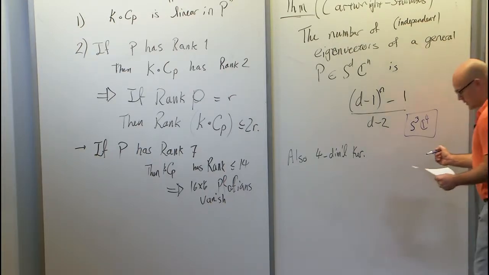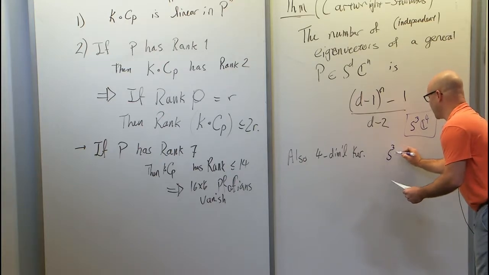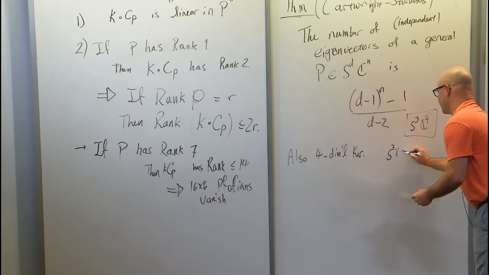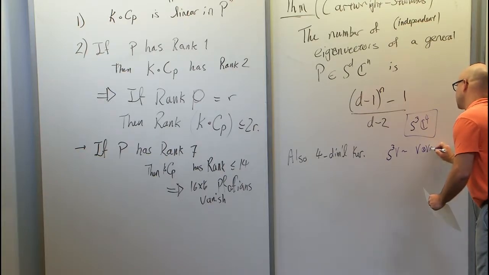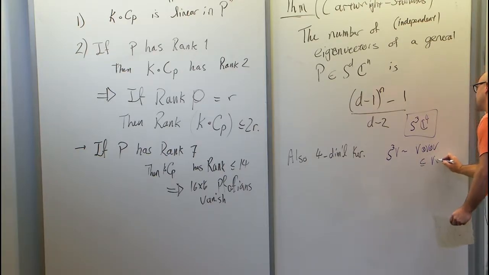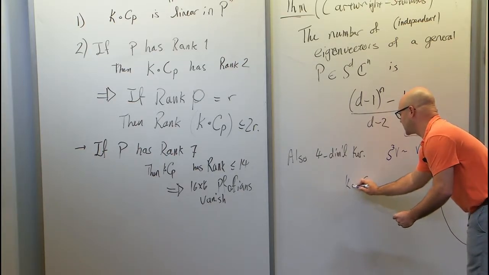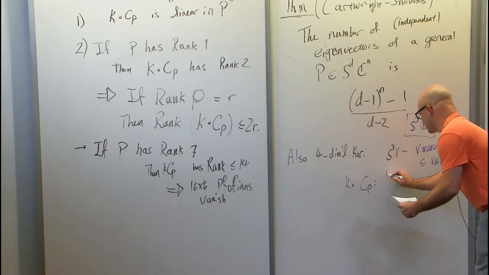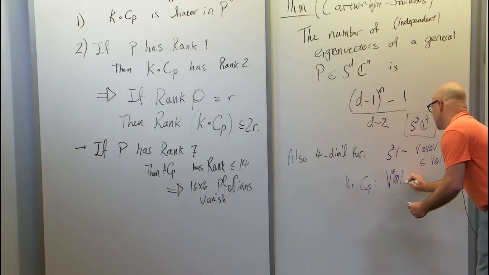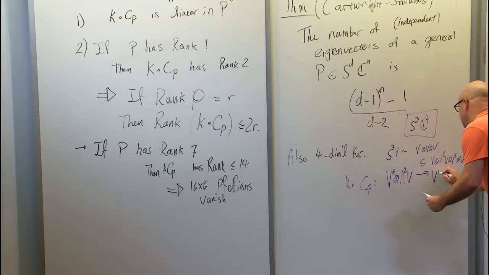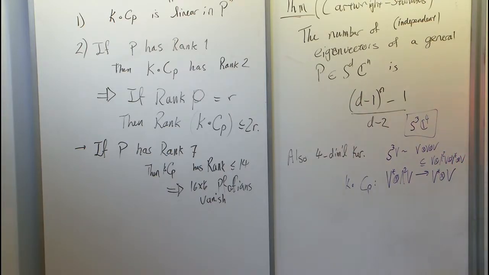But we actually need to consider, for Sym^3 V, we first lift this to V tensor V, and then we lift again to V star tensor wedge 2 V, it's complicated, V star tensor V. And then our Koszul map ends up being a map like this: V star tensor wedge 2 V to V star tensor V. When we construct this map, we now need eigenvectors of tensors that are of the following form.